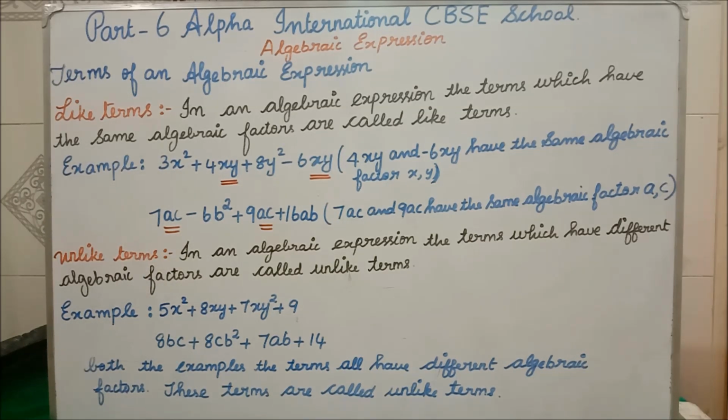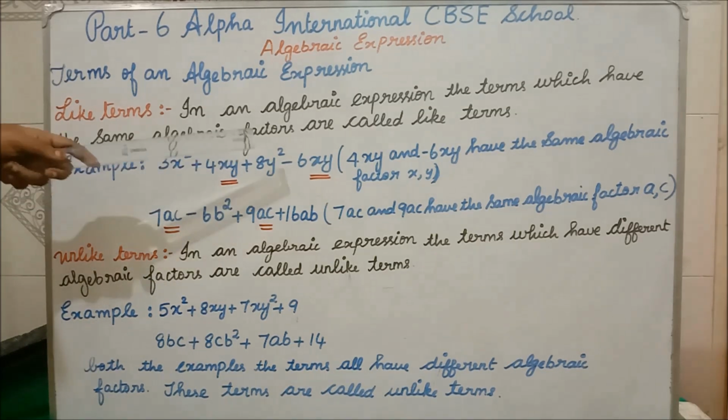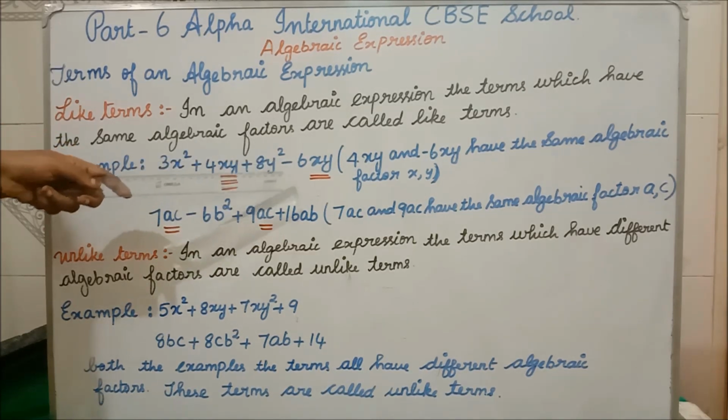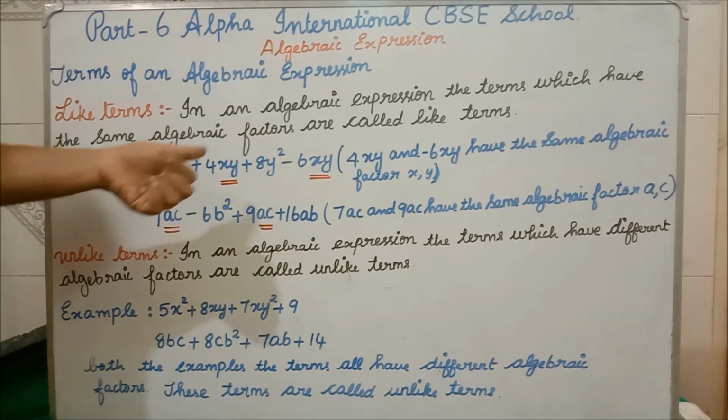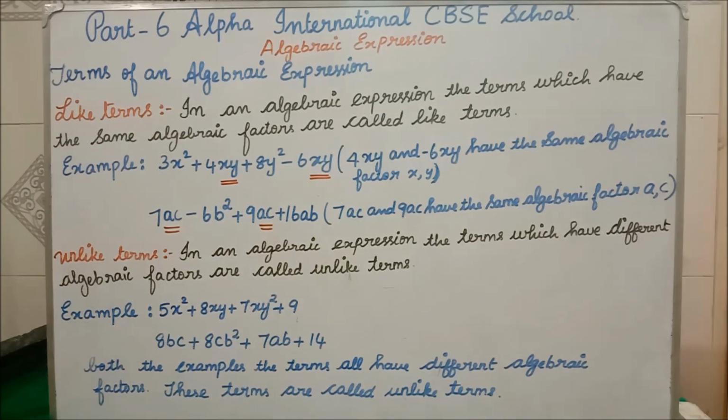See this example: 3x square plus 4xy plus 8y square minus 6xy. Now if you see here 3x square, is there any other x square term anywhere? No. So 3x square is an unlike term. You have to see only the variables.